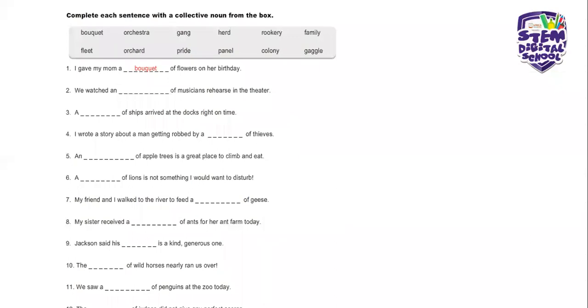Talia? Talia, I saw your hand up. Okay, let's do number 10 together. The answer will be the band of wild horses. Let's see. Okay.